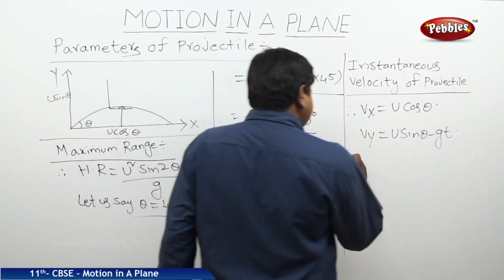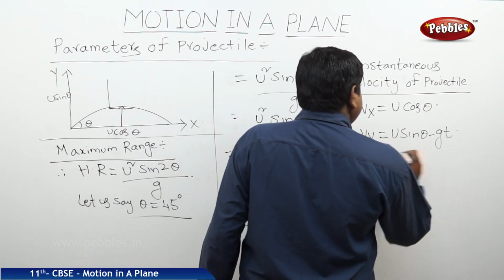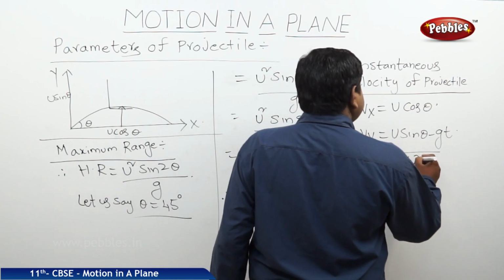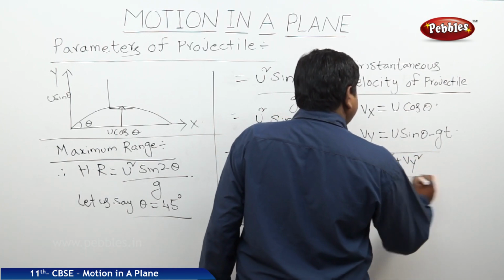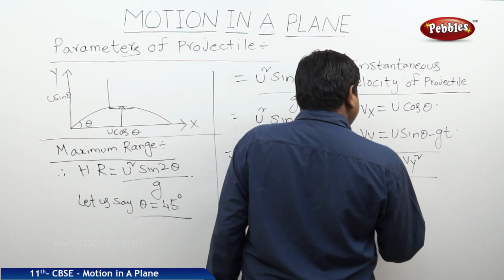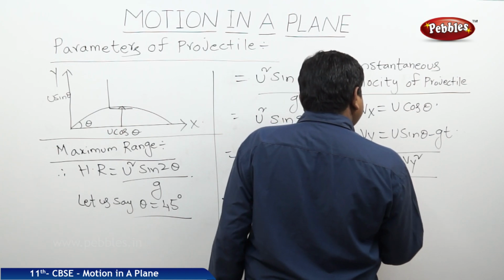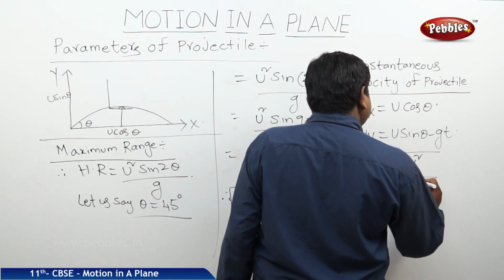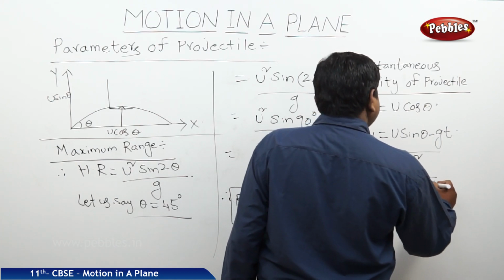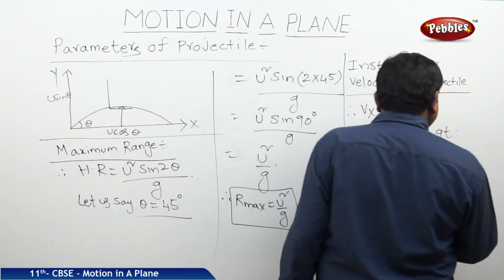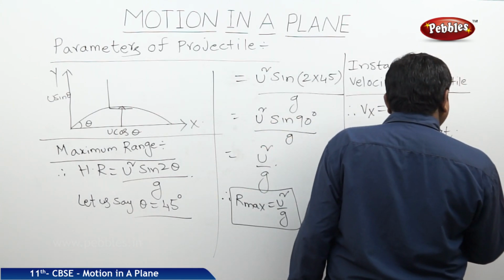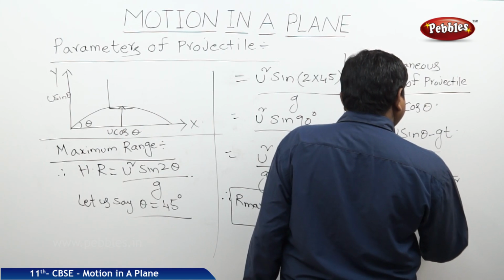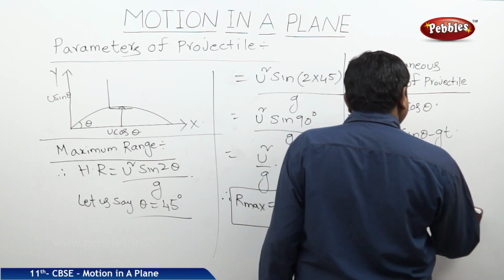So velocity is equal to the resultant velocity, square root of Vx square plus Vy square. Therefore, it is square root of u square cos square theta plus u square sin square theta plus g square t square minus 2u sin theta gt.